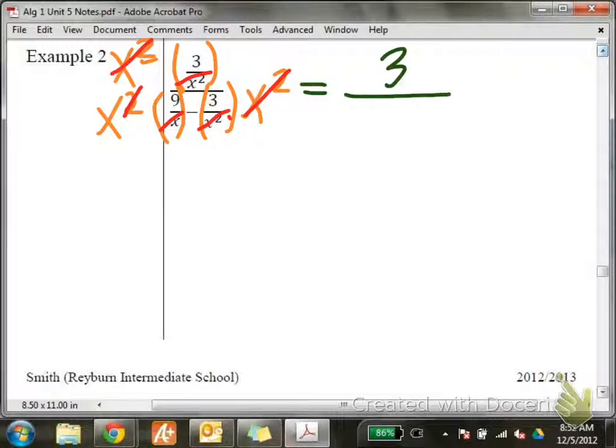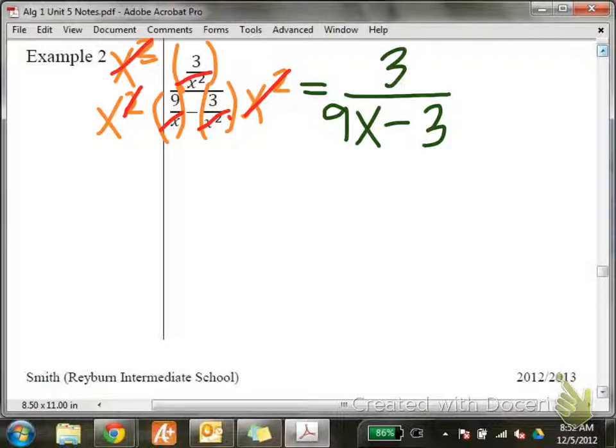I want the whole denominator. Genevieve, what's left? 9x minus 3. Do you guys agree or disagree?